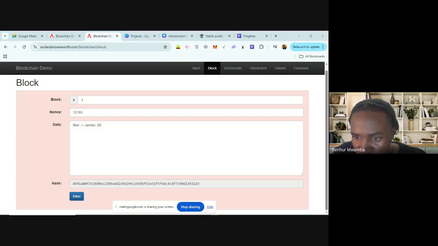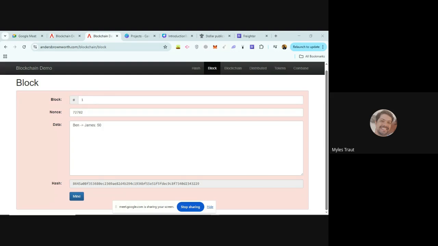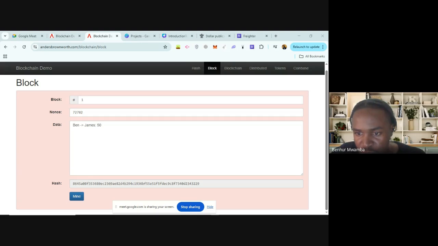So a nonce is just something that changes the hash while keeping the same data. You could think of it that way. You wouldn't change the data in the block, would you? That's not ethical. No. So the nonce is going to adjust the hash, but the software, like Mark mentioned, has a block difficulty. Here the block difficulty is that the hash only has to start with 4 zeros.